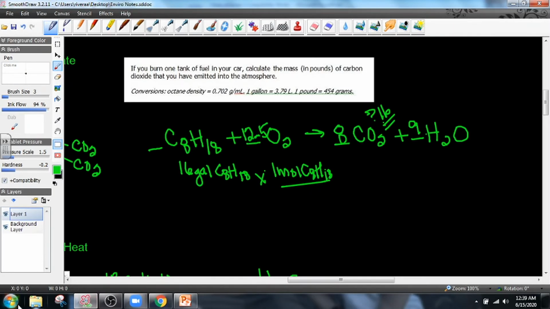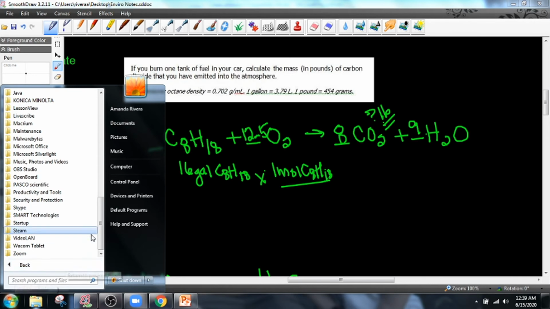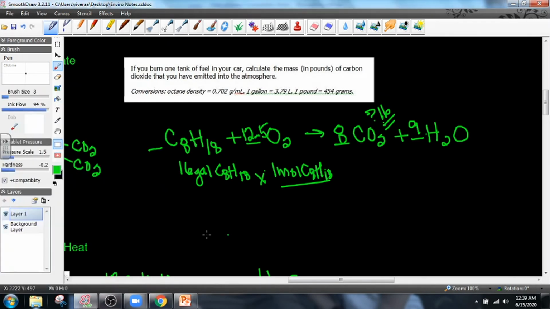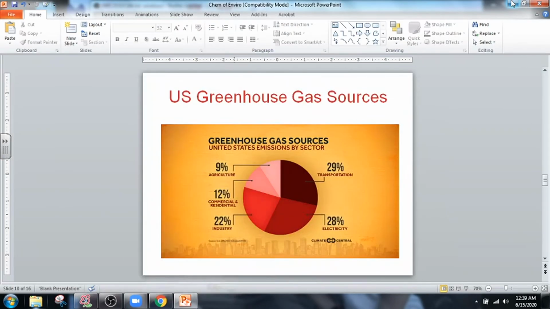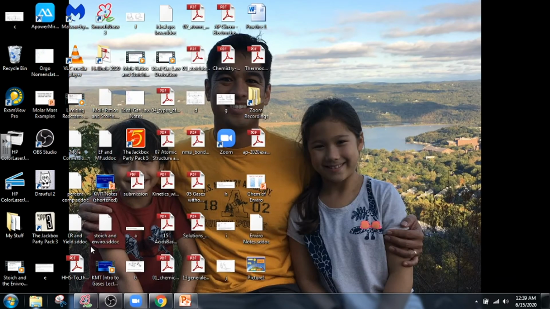Gosh, I'm gonna have to use my calculator on my computer. Where is my calculator even on my computer? Unbelievable. I think I have a fancy one. All right, don't judge me. My desktop is a mess. Oh, look how messy my desktop is, you guys. I was downloading a bunch of stuff.